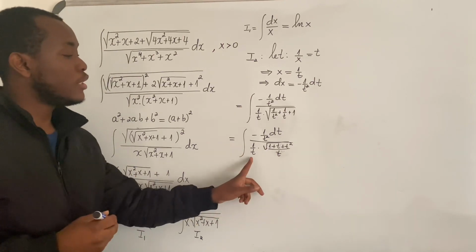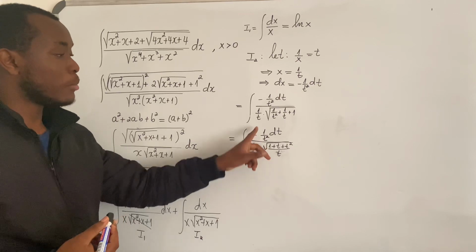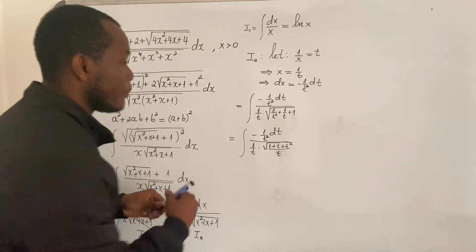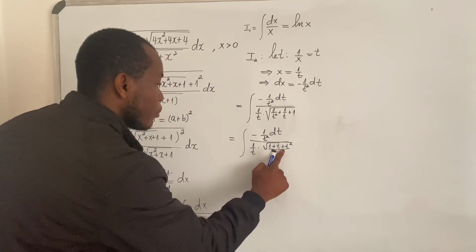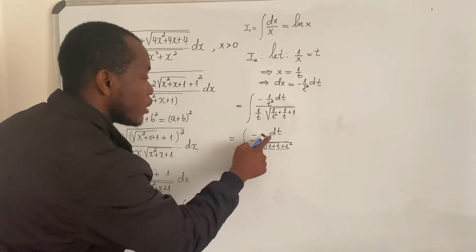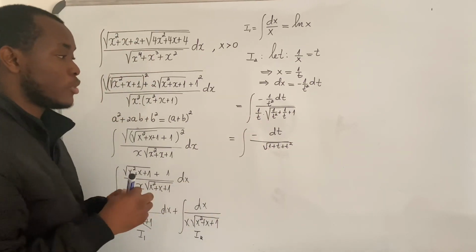So t times t will be t squared. So 1 over t squared is the same that it is in the numerator. So we can cancel them out, and it becomes just like this, the negative. This becomes just like this.